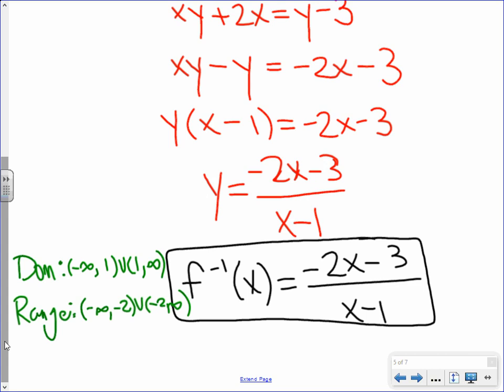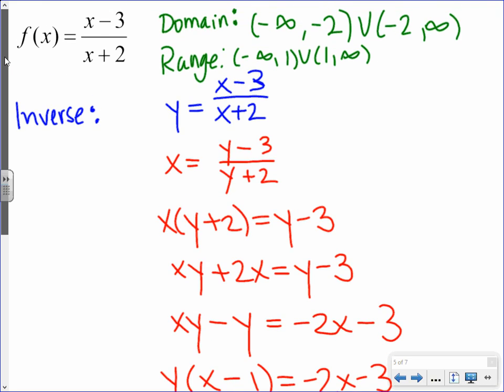So let's go back up to the original. Before we found the inverse, how would we maybe know that our range was everything except 1? We can know. There is a way.